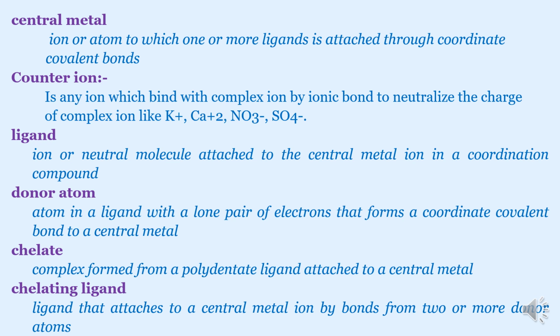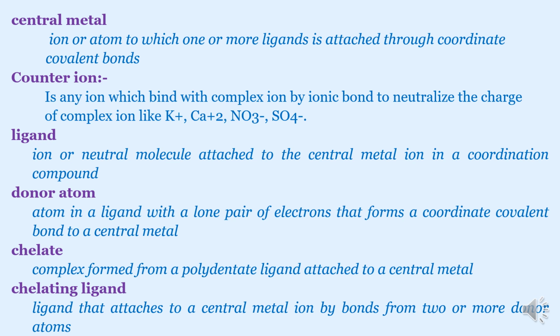Ligand: an ion or neutral molecule attached to the central ion in a coordination compound. Ligand is a Lewis base which is attached to the central metal atom by coordinate covalent bond. Donor atom: the atom in the ligand.